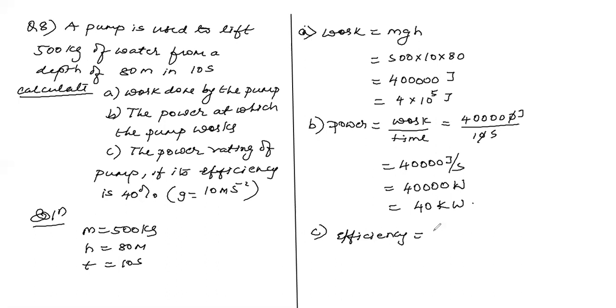So efficiency is output power upon input power, because they want the power rating. So input power is power into 100. I'll tell you why I'm making it 100. So it is 40, in terms of percentage. So 40 equals output power, which is 40,000 watts.